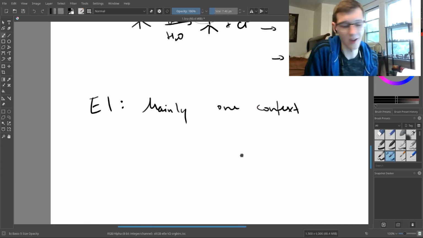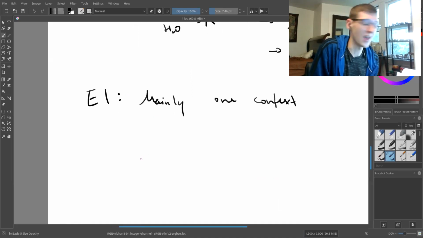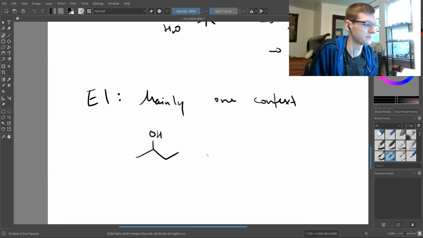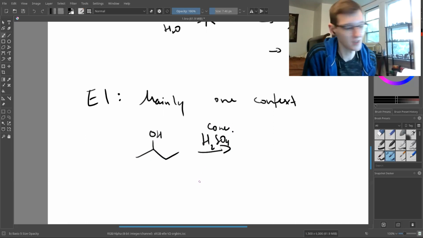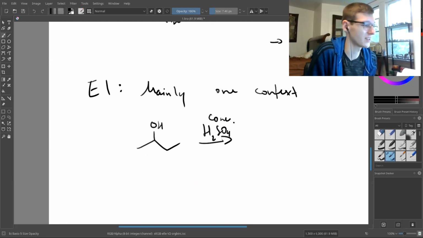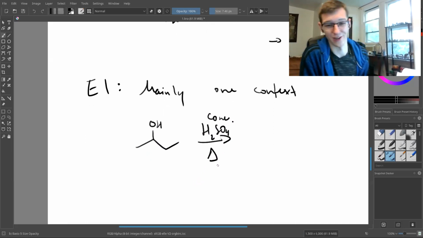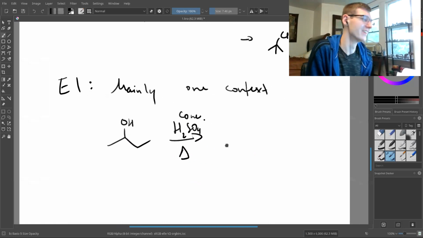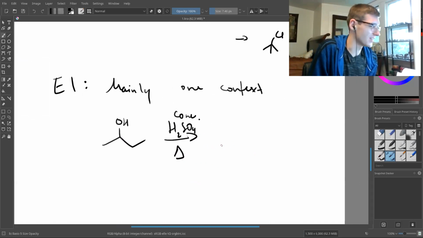There's mainly one context for E1, and that is when you take some alcohol and you give it concentrated acid, and you usually use sulfuric acid, and then you heat it a lot. And what happens is you make a double bond.